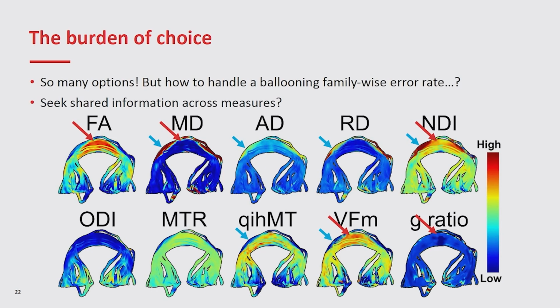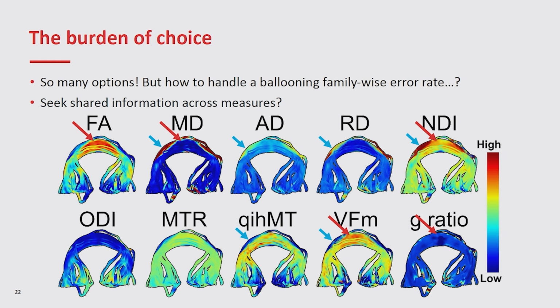Now, I have lived experience with this. The downside of investigating many tracts and having so many metrics available is that we can easily expand our statistical plans beyond what's reasonable. We have to be able to handle the family-wise error rate increase from running many different statistical models, and indeed that was a major problem in the study that I had on the previous slide.